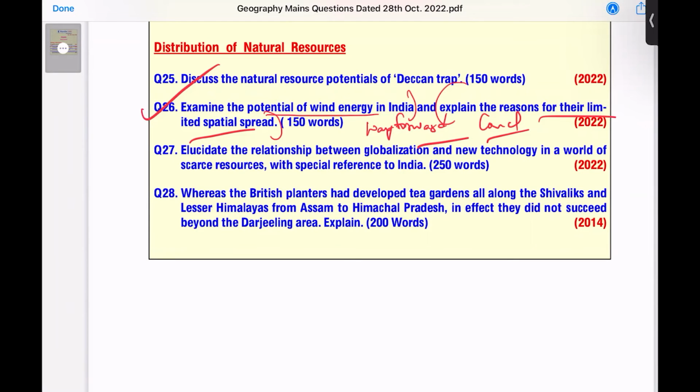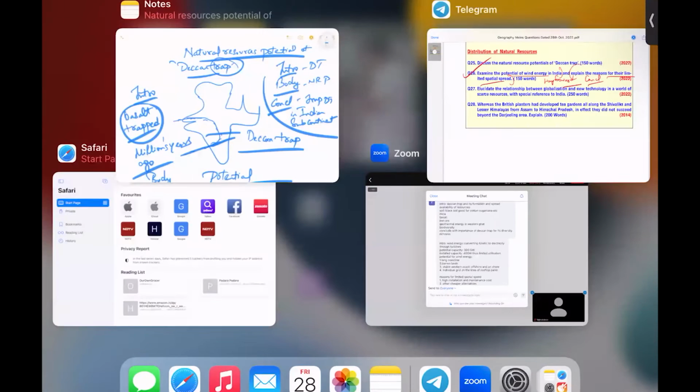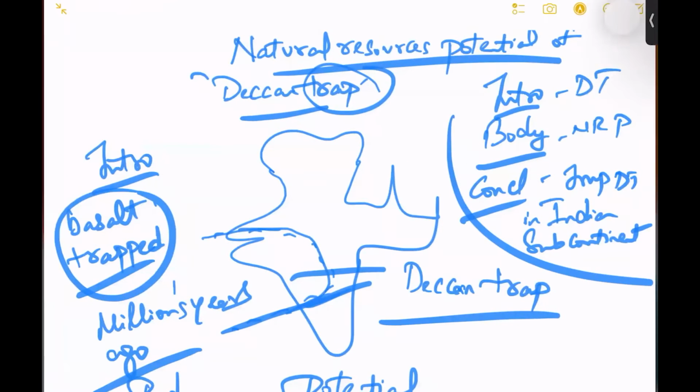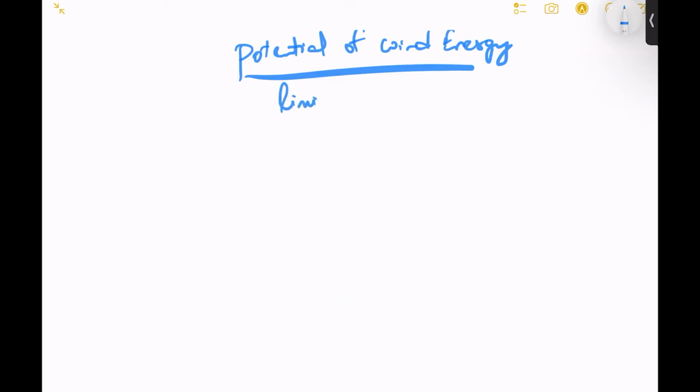So the second part is limited spatial spread. So two parts of the question.